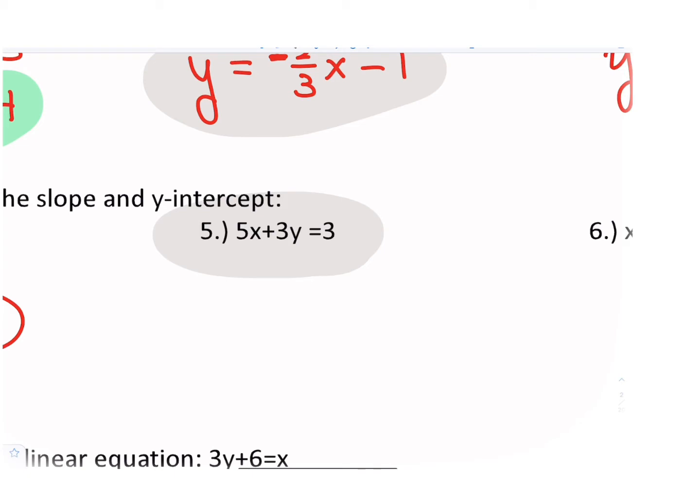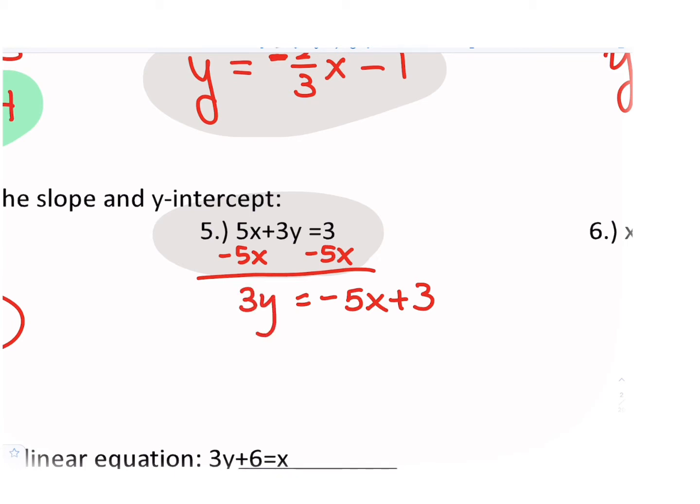Next, on number 5, we have 5x plus 3y equals 3. We're first going to bring the 5x to the other side by subtraction. Now, because 5x and 3 are unlike terms, we cannot put them together, so on the right-hand side, I must write this as negative 5x plus 3. On the left-hand side, I will have 3y.